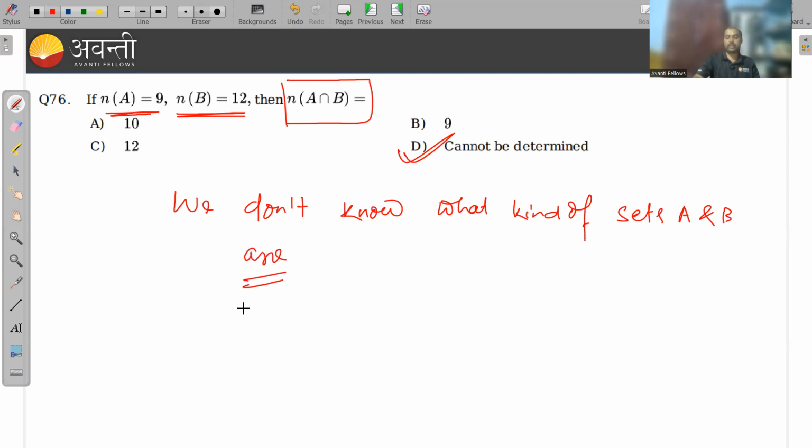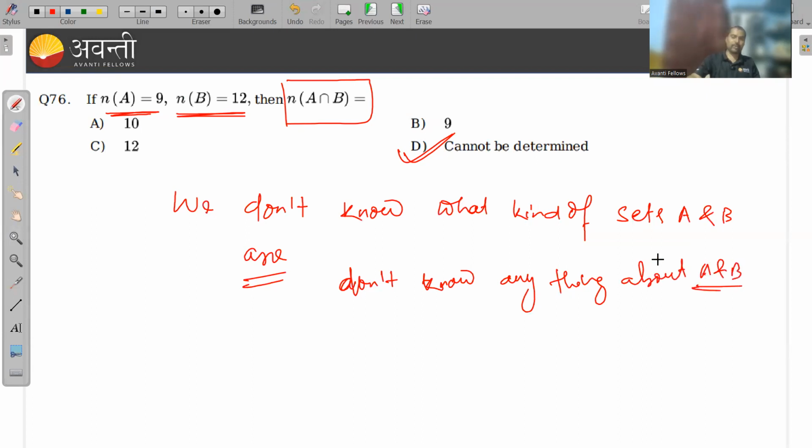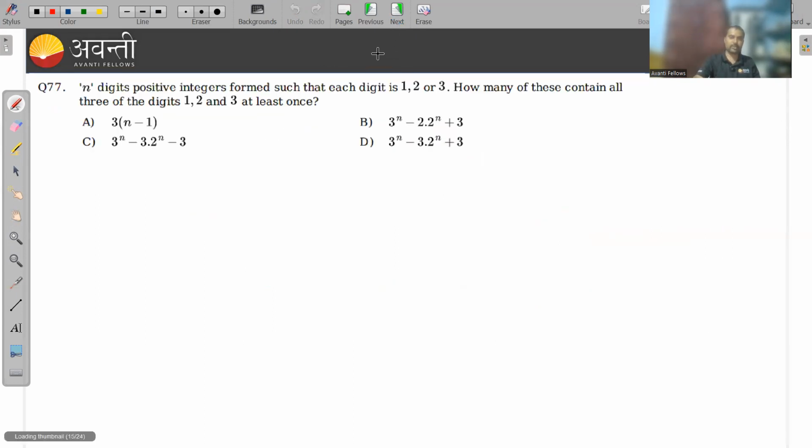We don't know anything about A and B. That's why we cannot determine the number of elements present in A intersection B. Option D is correct. Let's move to the next question.